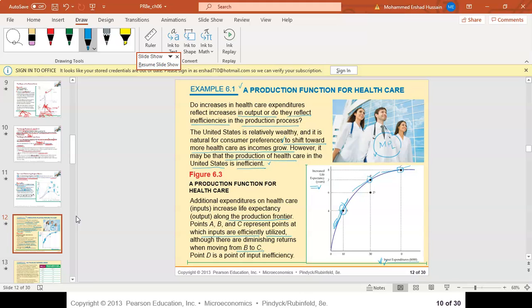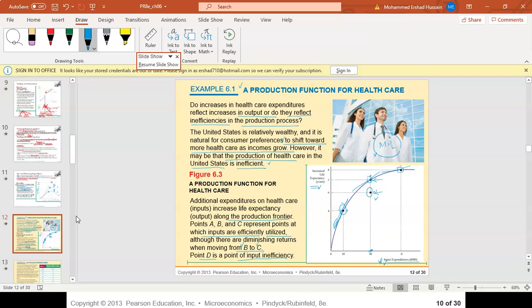And now, although there are diminishing returns when moving from B to C, point D is a point of input efficiency. This E in this graph, in this setup, is inefficient. Why? Because look at that. With this amount of expenditure, the frontier is telling us that the maximum should be B, but it is what?